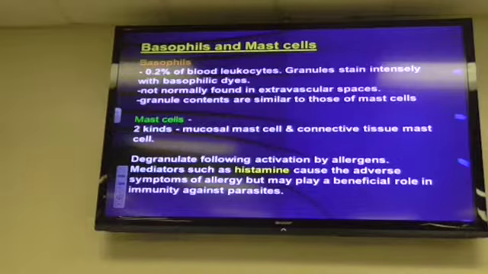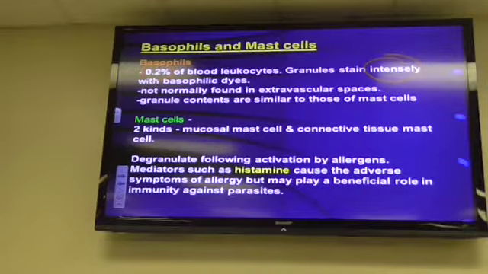And lastly, we are talking about basophils and mast cells. They also have granules, and they also stain intensely with basophilic dyes, but their nucleus is not multi-lobed, so that distinguishes them. But the numbers are very small, less than 0.2% basophils in the blood.